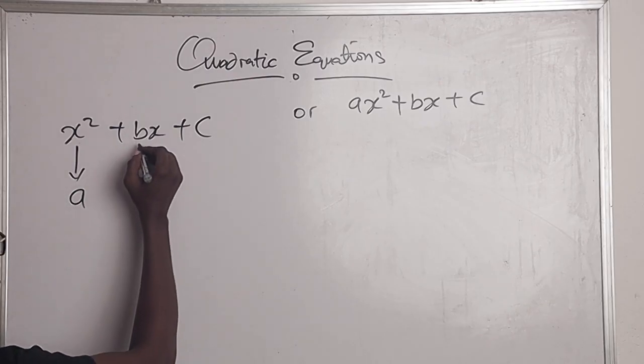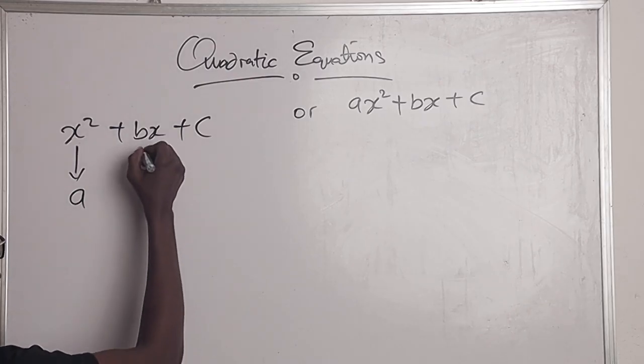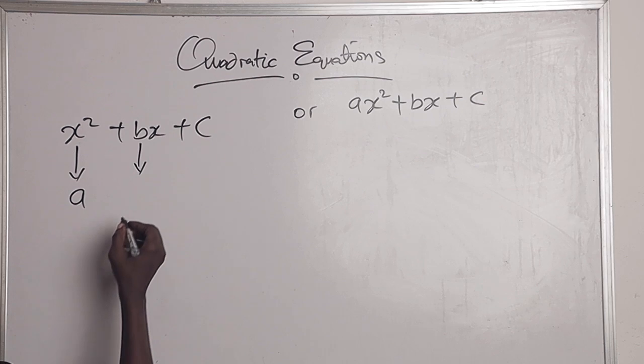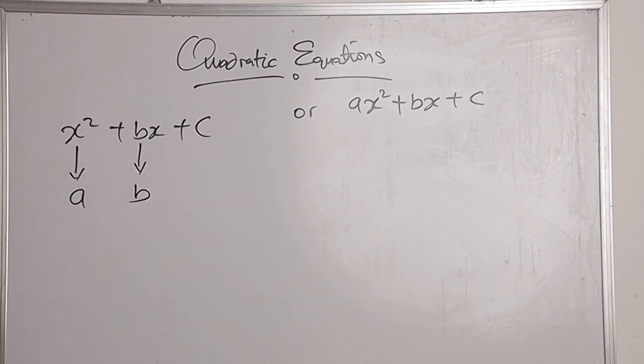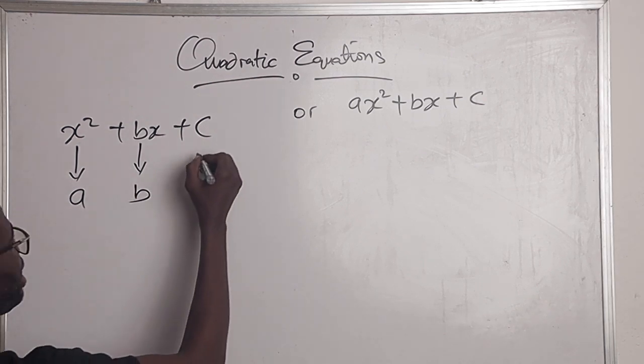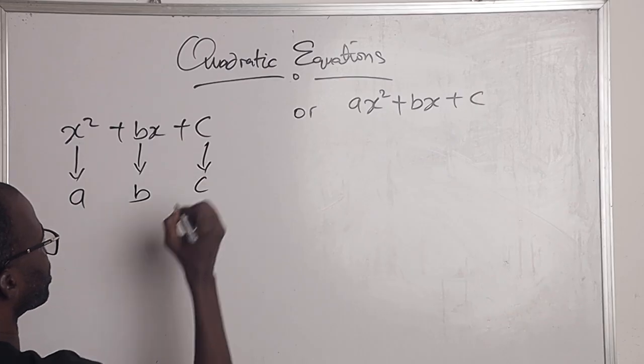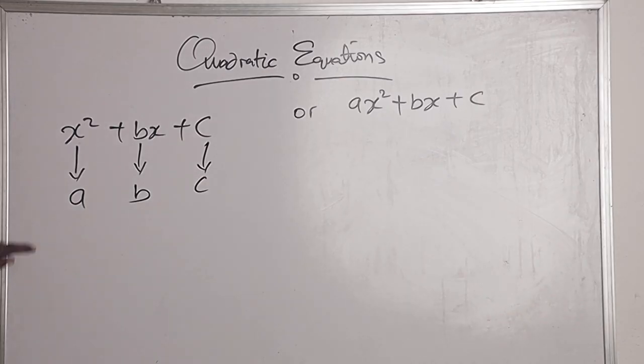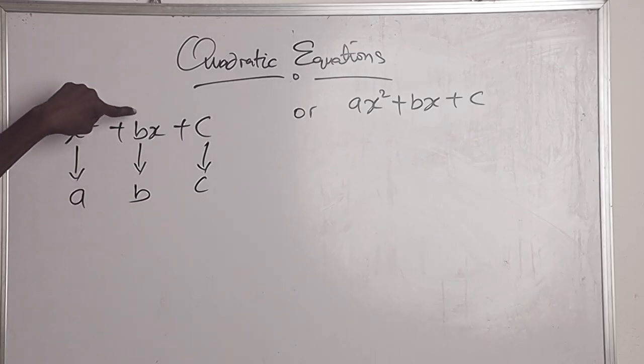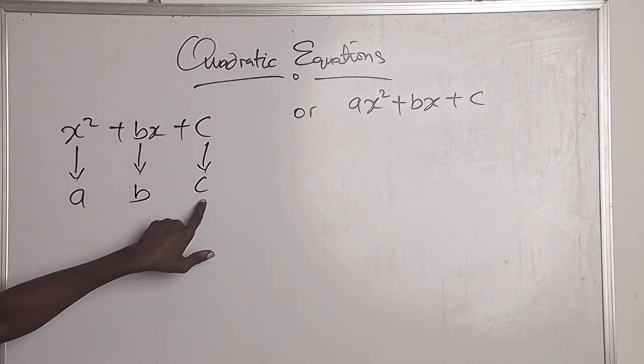Now, this b that we have here, bx, b here is representing b as in letter b. Then c here is constant. A is the coefficient of x squared, b is the coefficient of what? Of x. And c remains constant.